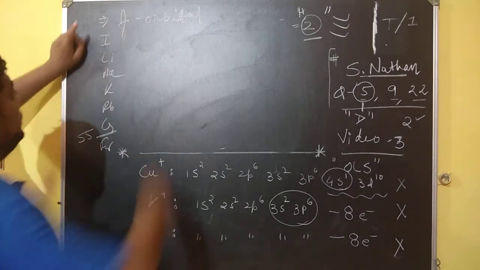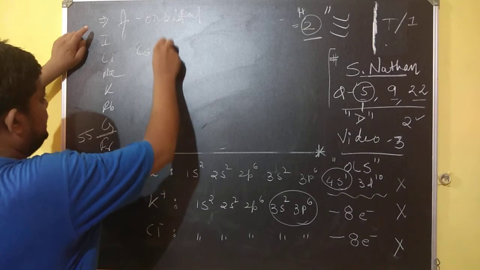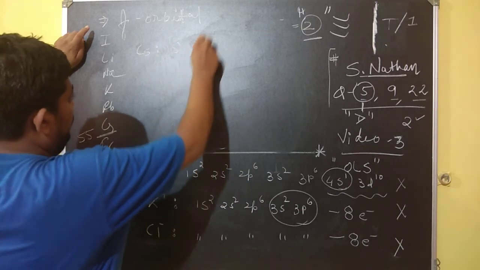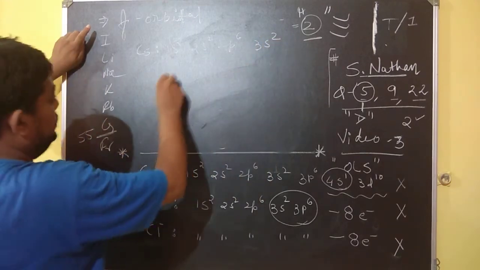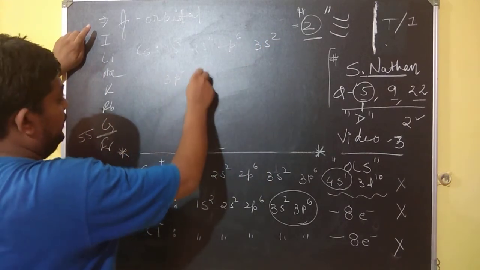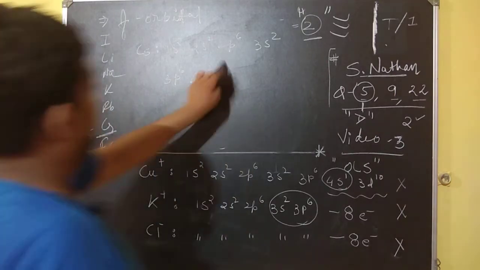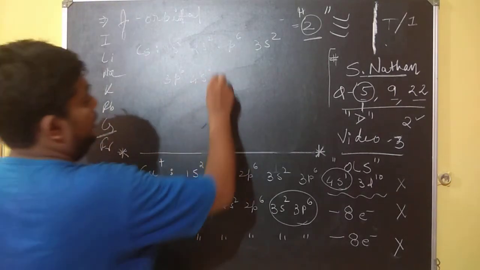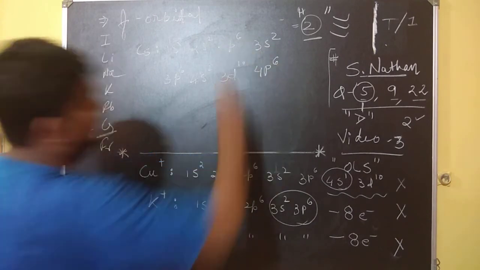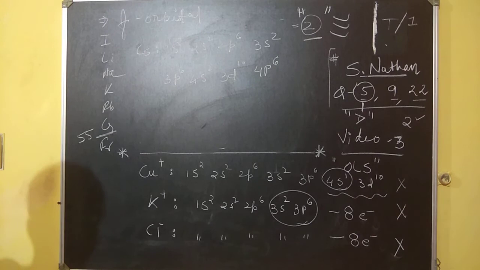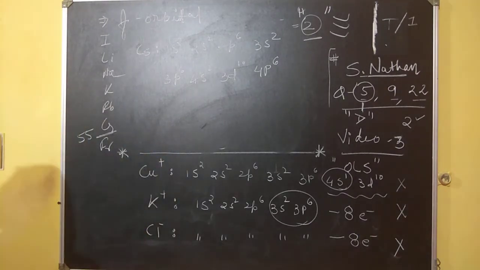So while describing this, let us mention it as 1s2, 2s2, 2p6, 3s2, 3p6, 4s2. After 4s2, I am quite confident it would be 3d10, 4p6. See, whenever you are reaching 4p6, the total number of electrons becomes 36.